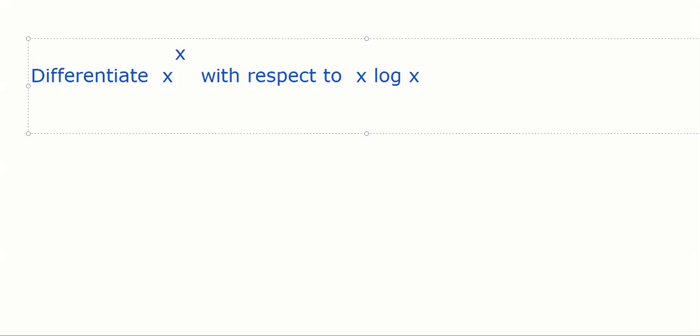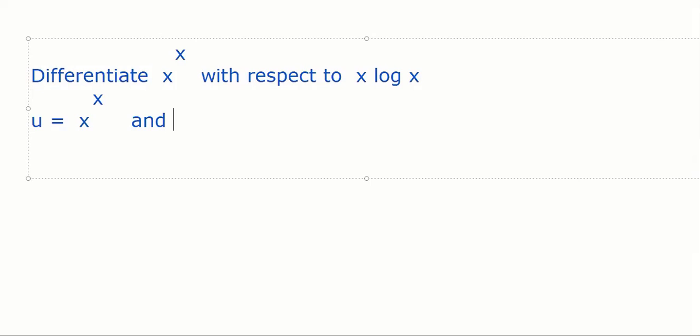So how are you going to do it? Any ideas, anyone? So we'll assume, let's say, u equal to x to power x, the first function which we want to differentiate, and let's say v equal to the second function, with respect to which we have to differentiate. So u equal to x to power x and v equal to x log x, right?